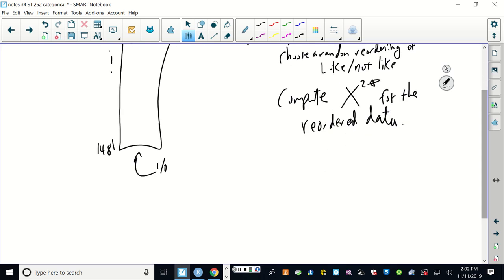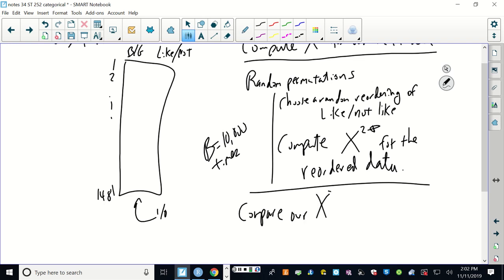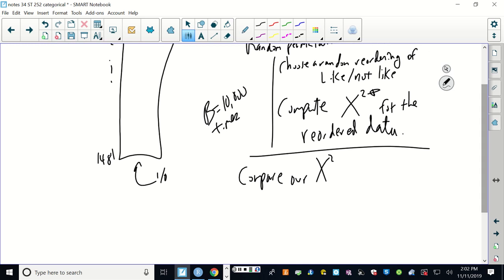Right? And if we do these permutations a large number of times, say 10,000 times, then we're going to compare our x squared statistic value from the real data to the x star squared distribution, the simulated permutation distribution. And if our x squared is kind of big in comparison to these ones that were generated under independence, we'll reject.